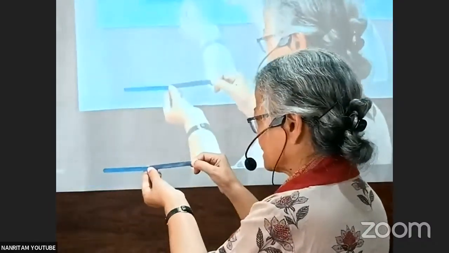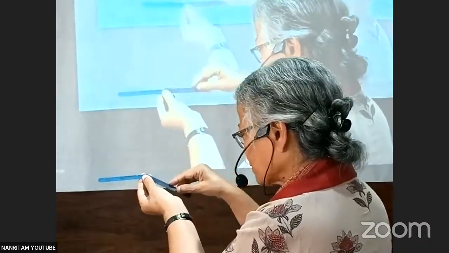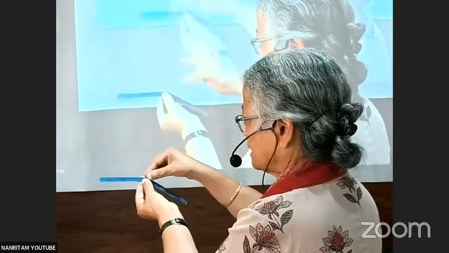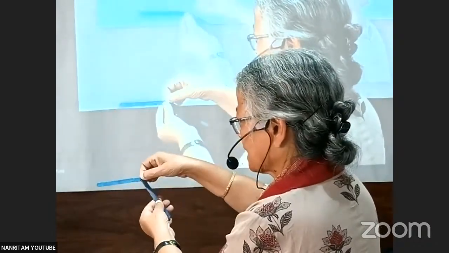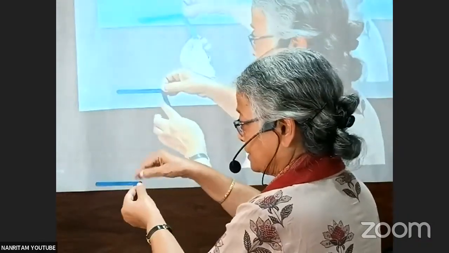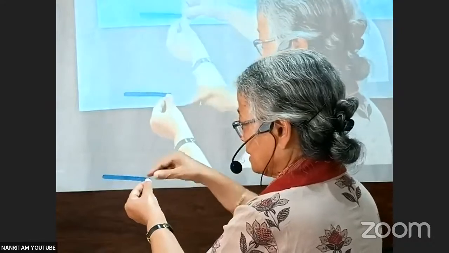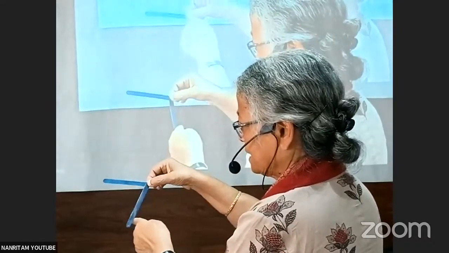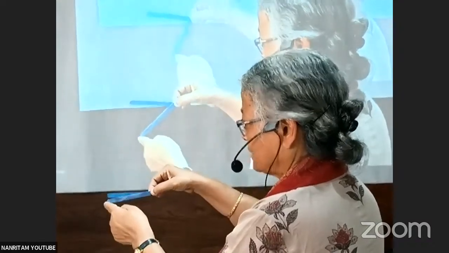If I move it more, it is more than 180. This is an obtuse angle. It will go as a reflex angle, this way, till it completes the round.